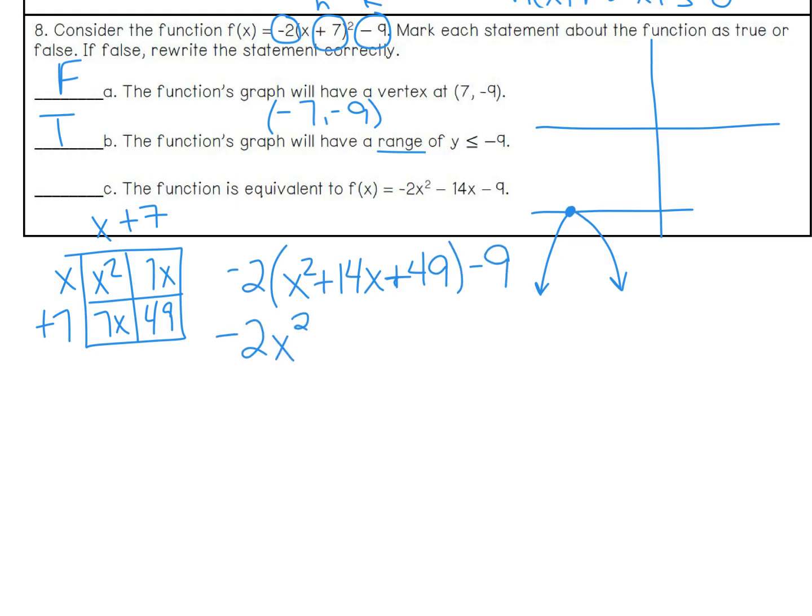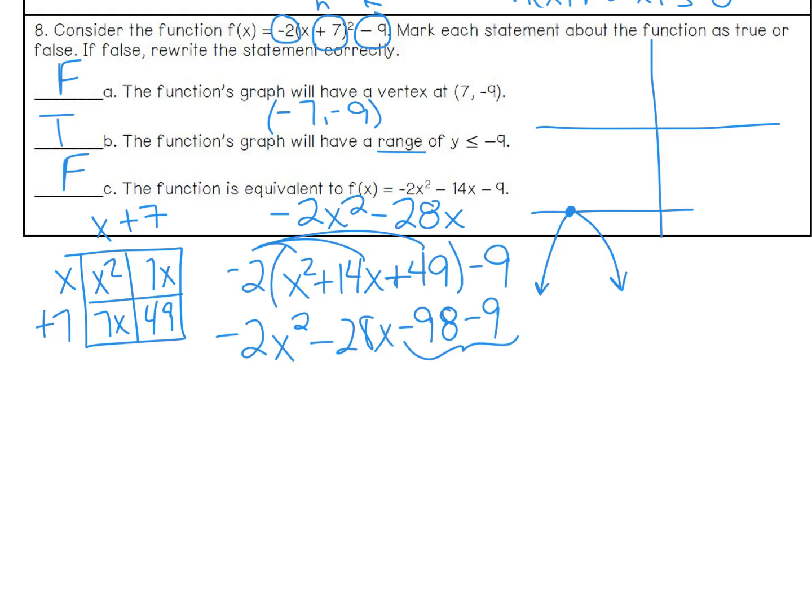Distribute. If it helps you to use notebook paper to do this, you might want to do that as well. So this is minus 98 minus 9. When we put these together, you can tell that 2 times 49 is 98. So this is not correct because it should be a negative 2x squared minus 28x minus 107. That's what it should be when you simplify it.